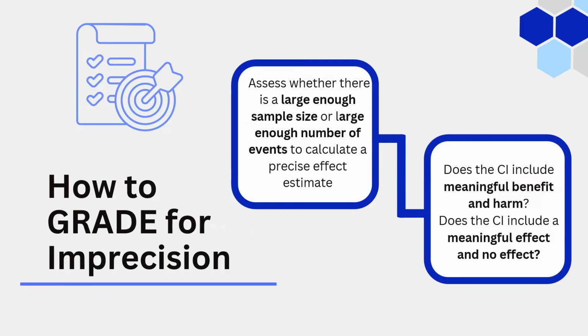You specifically do this by looking at whether or not you had a large enough sample size and whether or not you had enough events to capture a precise effect estimate. So when you're looking at that confidence interval, for example, if you see a very wide confidence interval, that may suggest you had too few patients. It may suggest you didn't really have enough events to drive that true treatment effect difference. And that may be a suggestion of imprecision.